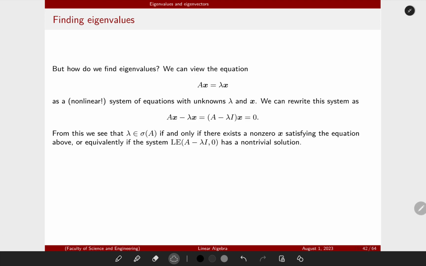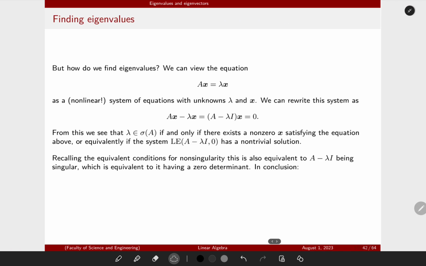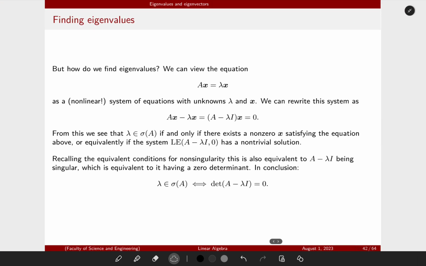So clearly this is equivalent to this matrix being singular, which is equivalent to having a zero determinant. From this we can conclude the following: lambda is in the spectrum of A, so lambda is an eigenvalue of A, if and only if the determinant of A minus lambda I is 0.